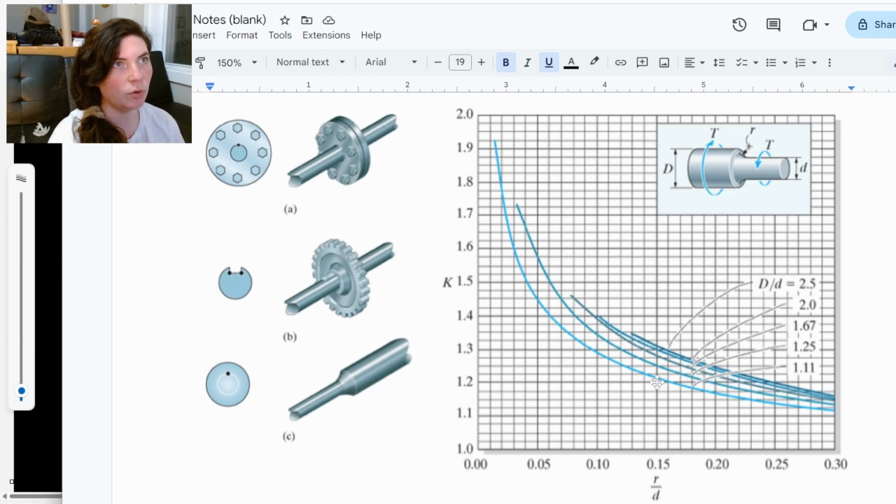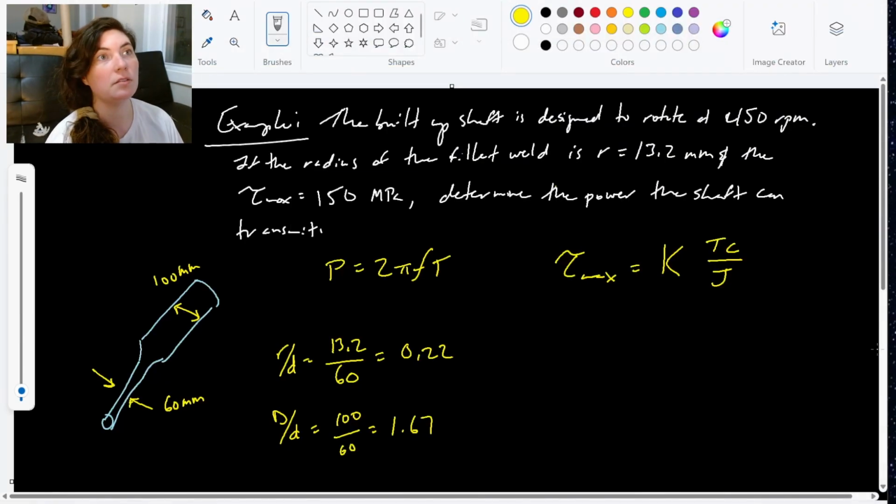I come over and just follow it to the left. K value of 1.2. So from the table, I got K is 1.2. Perfect.